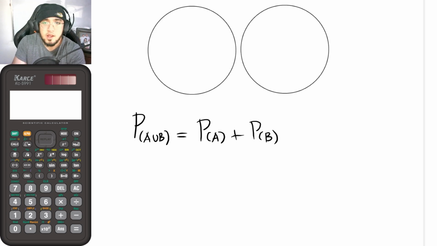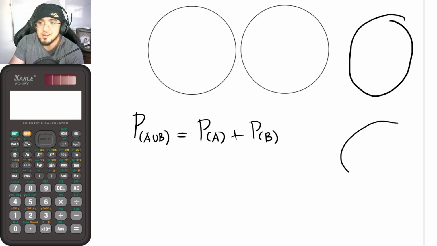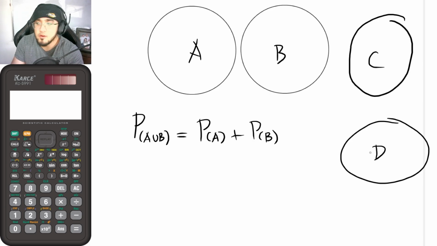Okay, suppose that we will now add another set of events here. So apologies for what you have seen. Suppose that this is A, this is B, this is C, and this is D, and all of them are mutually exclusive.